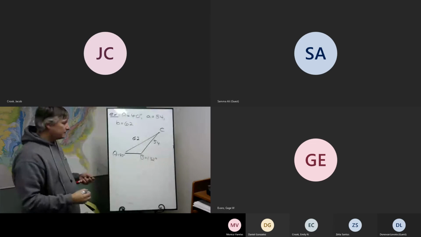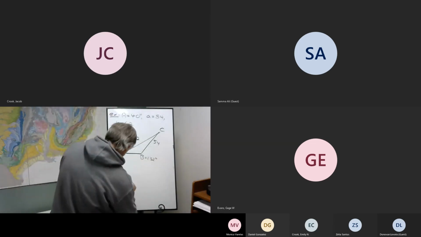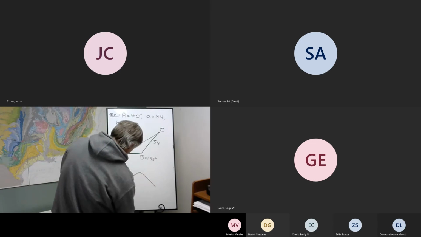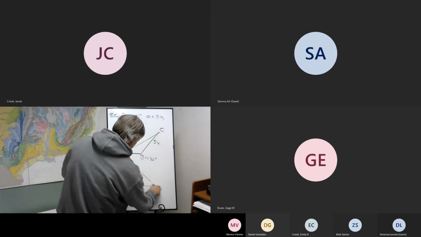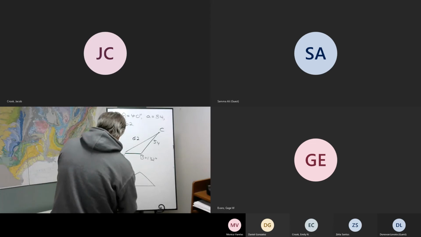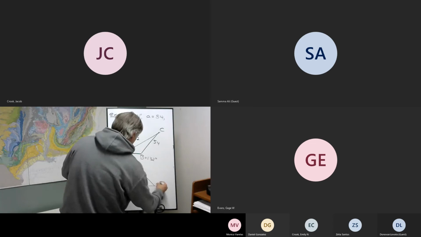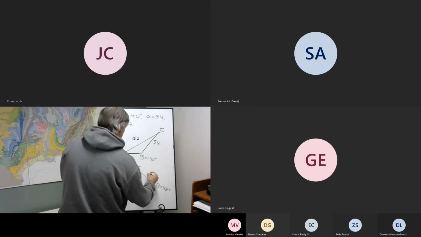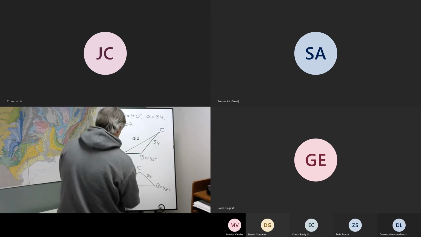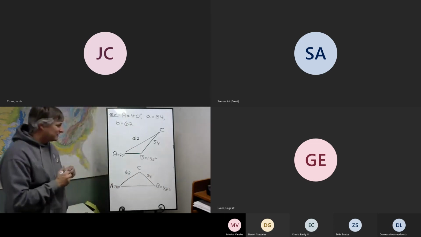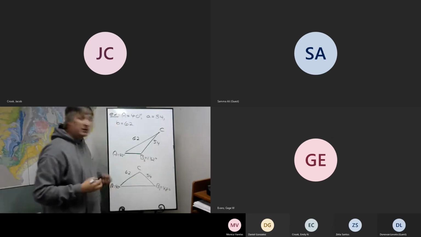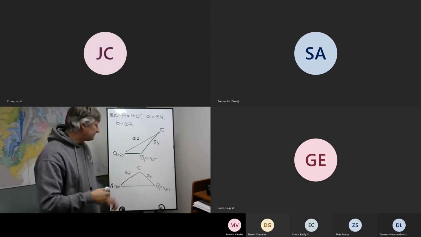We've got our first triangle. Here's our second. So we can call this B1 and B2 to coincide with theta 1 and theta 2.